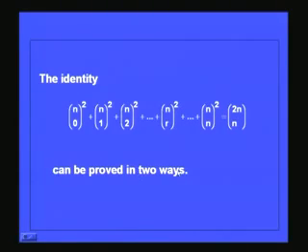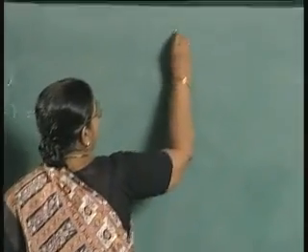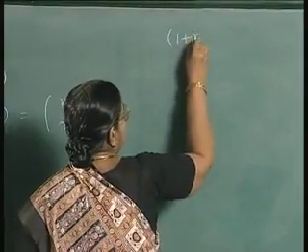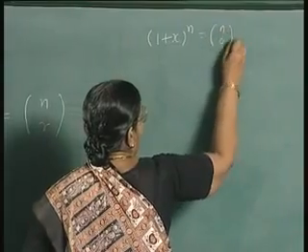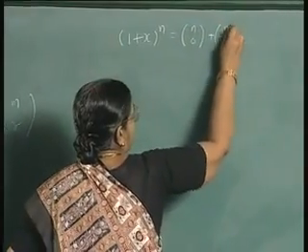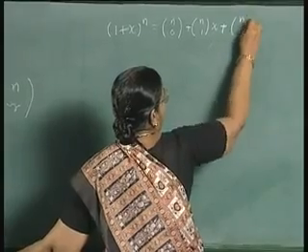Look at the binomial expansion, (1 plus x) power n, that is nC0 plus nC1 x plus nC2 x squared plus ... plus nCn x power n.